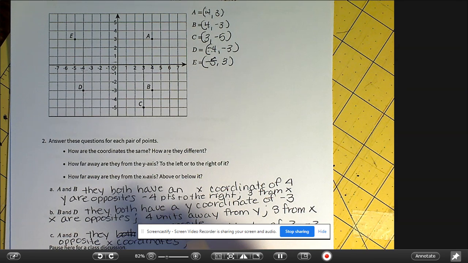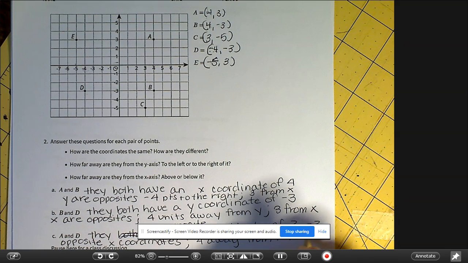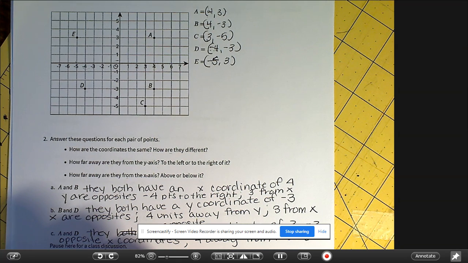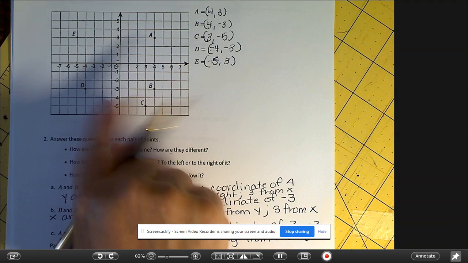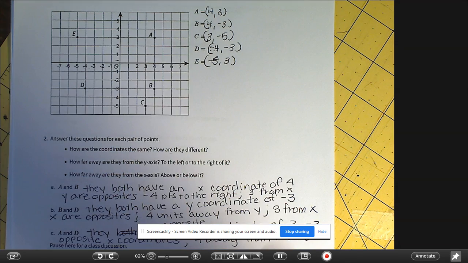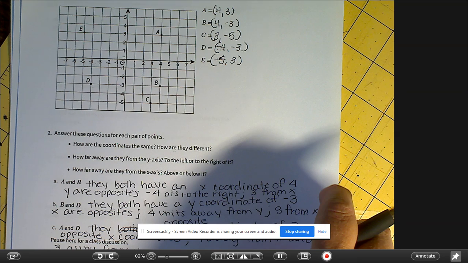And they are 4 away from the y-axis and 3 away from the x-axis. Obviously, they're in opposite directions. One's going this way, the other is going this way.